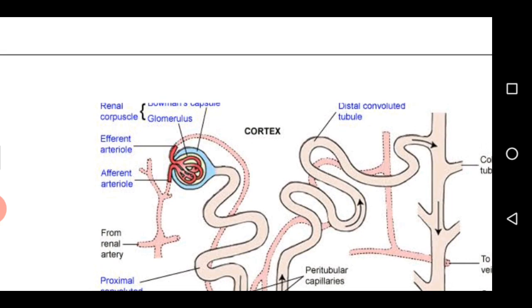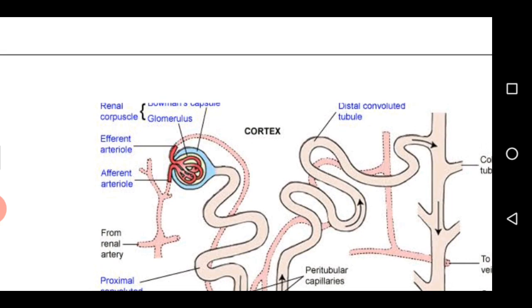The renal artery enters into the Bowman's capsule to form blood capillaries called glomerulus. I hope you can see inside that cup-shaped material, we have the glomerulus inside the Bowman's capsule.